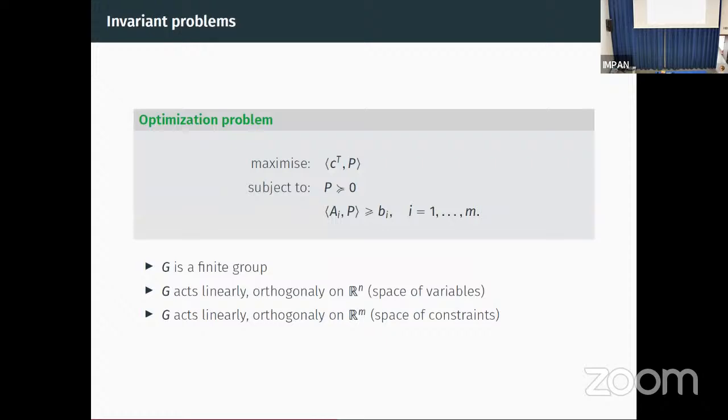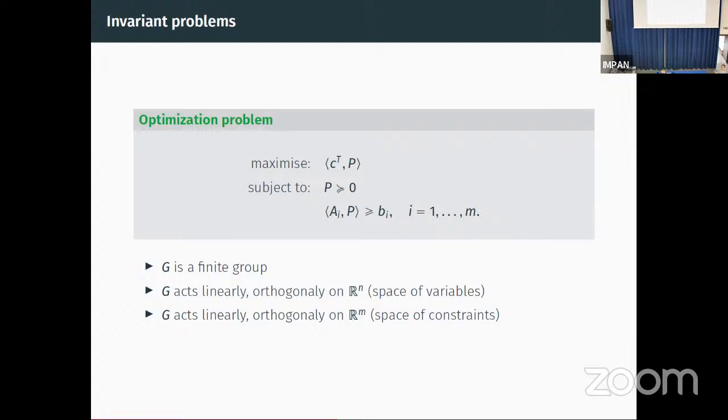Okay, group symmetry. This is our optimization problem. I want to say that the group G is a finite group, always. And G acts linearly on the space of variables. Okay? Space of variables, space of monomials. And G acts linearly on the space of constraints.